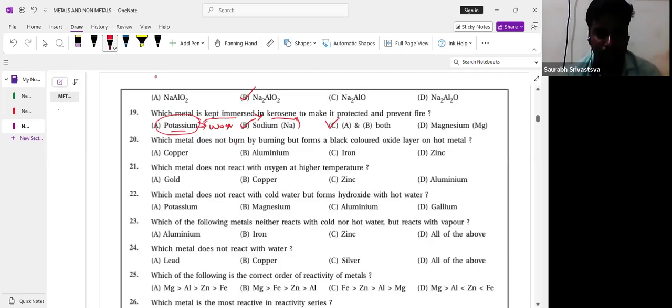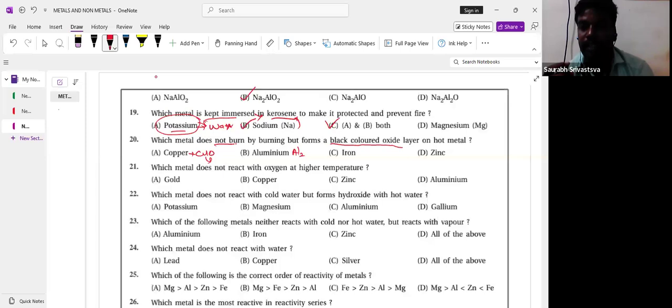And next, which metal does not burn? Burning, and it will become a black color oxide on the hot surface. Black color oxide: copper, CuO, is a black color oxide. Aluminum oxide: you already know the aluminum vessels. If you keep one a long time, the aluminum vessel becomes gray, correct?